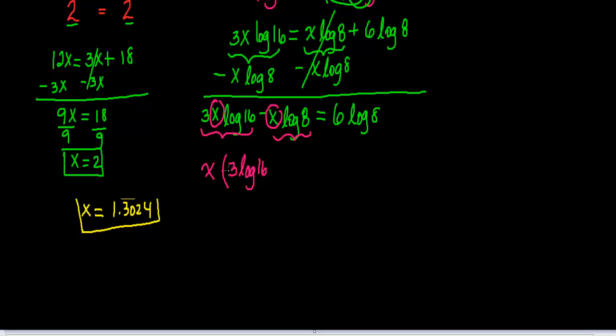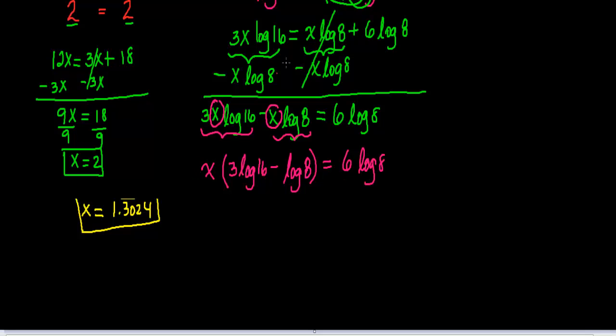If you multiply x times 3 log of 16, you'll get back 3x log 16. You have a minus, and you have log 8. So if you distribute this x again, you'll get back this whole expression. I just factored out the x, and on this side I have 6 times the log of 8.